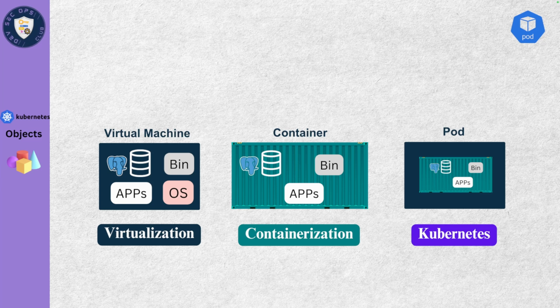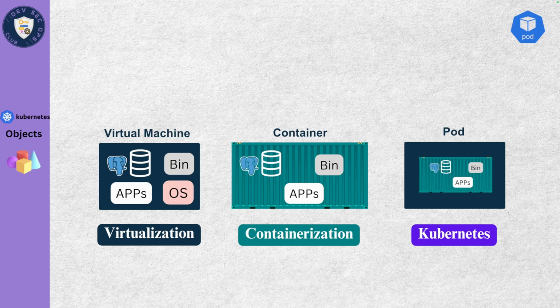Ideally you run one container per pod, but there are some use cases where you need an additional container inside the pod. I will show you how we can create multi-container pods as well, but only when you really need that, otherwise it is considered an anti-pattern. A container is meant to run one service.